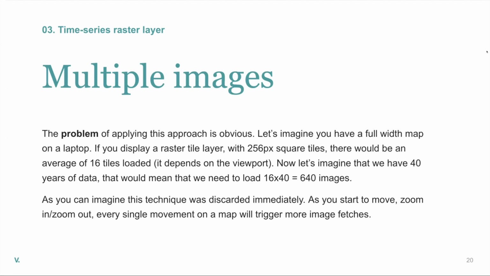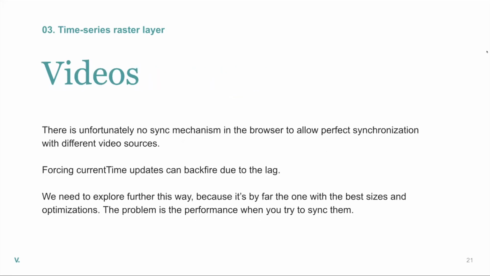So we started to think, maybe what we need is to pack those images somehow. So why don't we use videos? The problem with videos is that there is no sync mechanism in the browser right now that allows perfect synchronization. So we tried to use currentTime, a property that the video has, to force that synchronization.